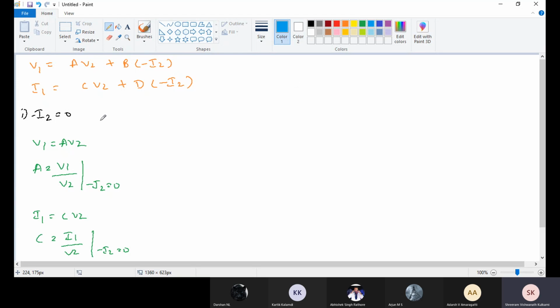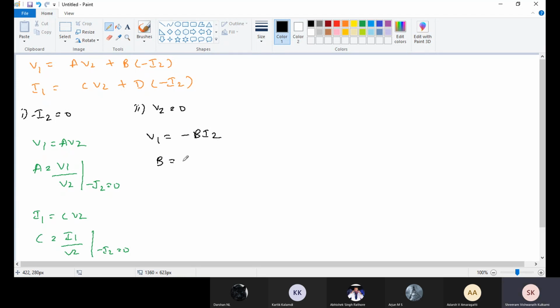Then coming to the second case, V2 equal to 0. In the sense, whatever independent variables are there, V2 and I2, we are making them 0 and then writing the equations. V2 equal to 0, second case. V2 equal to 0 means V1 equal to minus B I2.